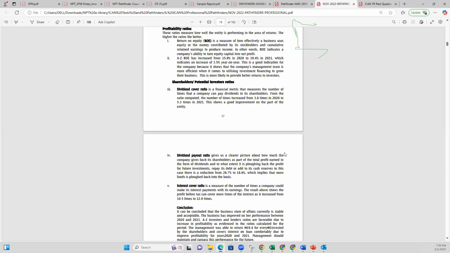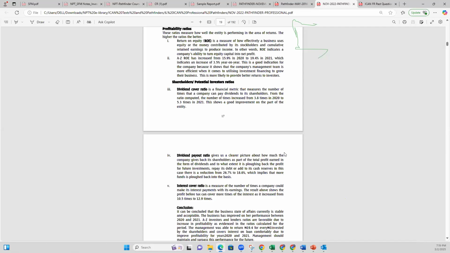This gives us a clearer picture about how much the company gives back to its shareholders as part of the total profit earned in form of dividends, and to what extent it is plowing back the profits for future investments, repay its debts, and add to its cash reserves. In this case, there is a reduction from 26.7% to 18.6%, which implies that more funds is plowed back into the business.